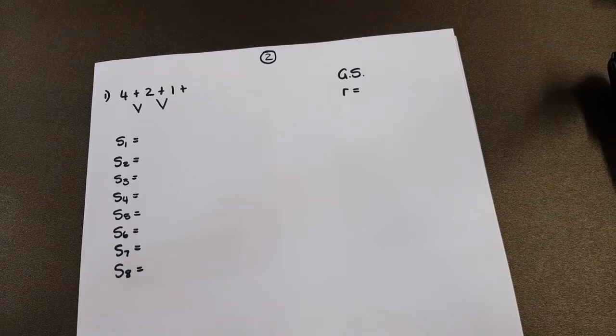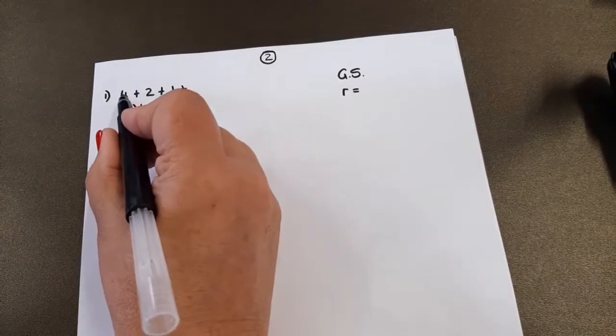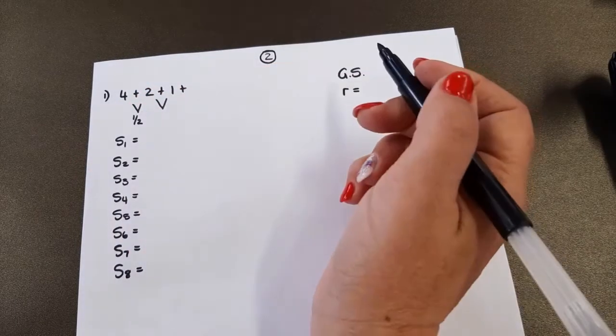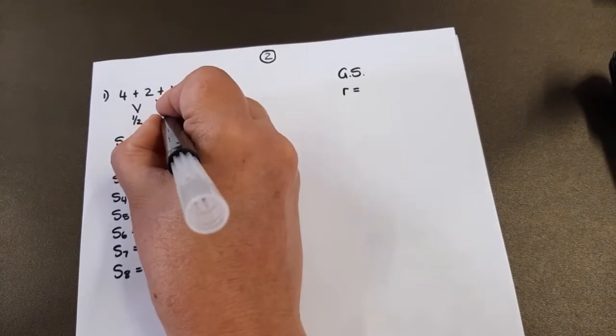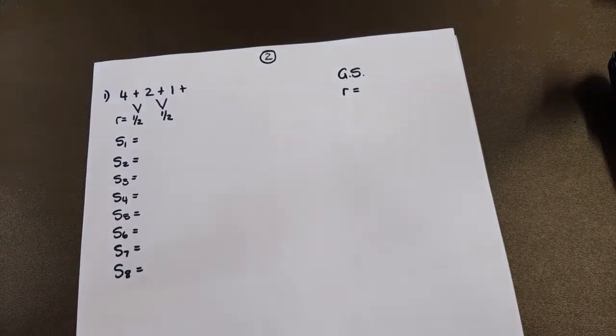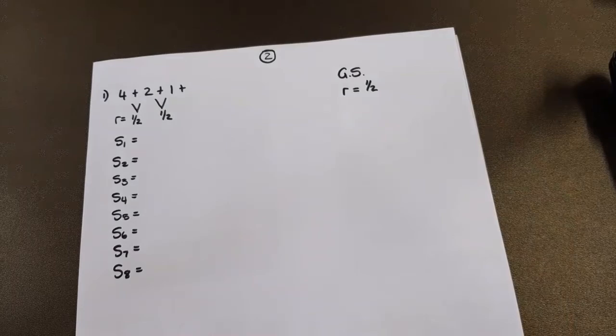In this case, it is geometrical, because if you say 2 divided by 4, you will get a half, and if you say 1 divided by 2, you will get a half. So we are definitely talking about r, and r will be a half.